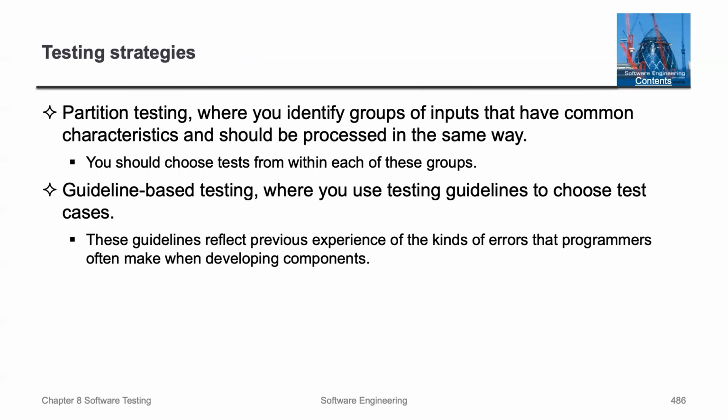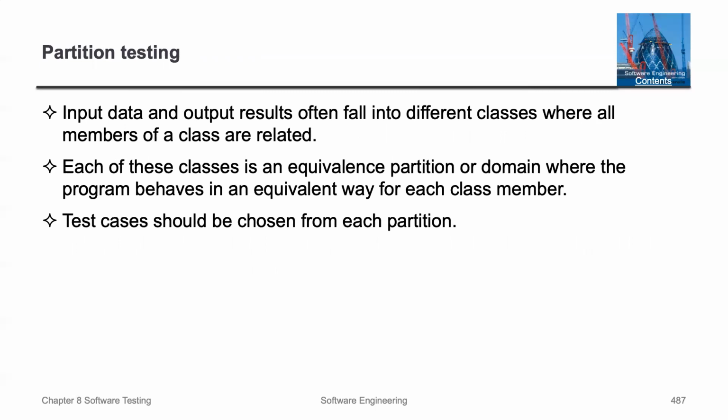Partition testing is where you identify groups of inputs that have common characteristics and should be processed in the same way. You should choose tests from within each of these groups. And then guideline-based testing is where you use testing guidelines to choose test cases. These guidelines reflect previous experience of the kinds of errors that programmers often make when developing components.